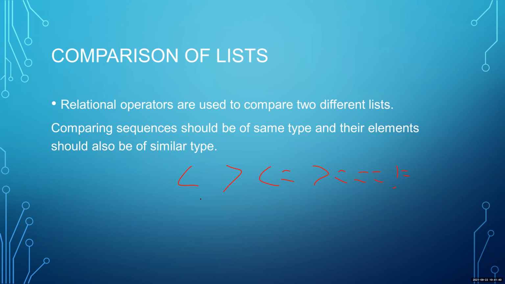These are some basic topics based on Python basics, Python fundamentals. So here it is relational operators. Relational operators are less than, greater than, less than or equal to, greater than or equal to, not equal to, which are used for comparing two values. Here we are using relational operators for comparing two different lists. Comparing sequences should be of same type and their elements should also be of similar type.